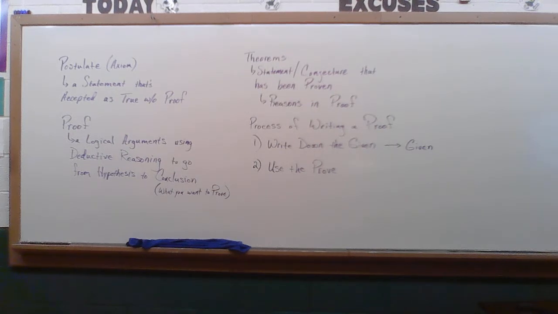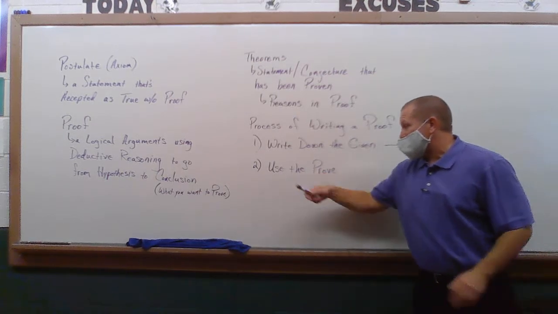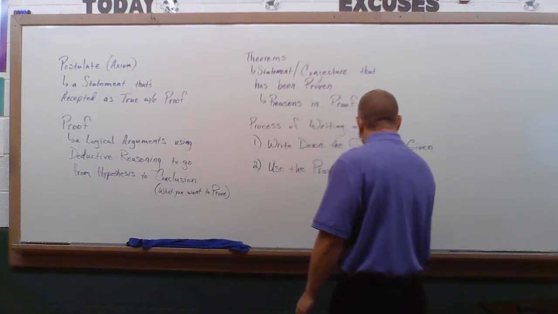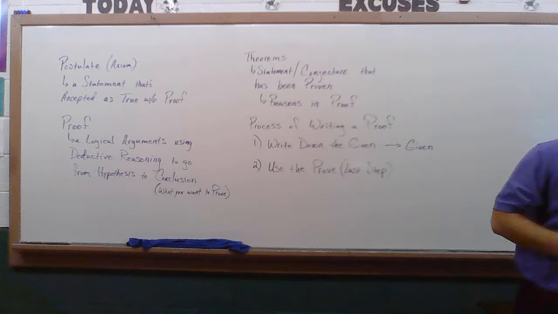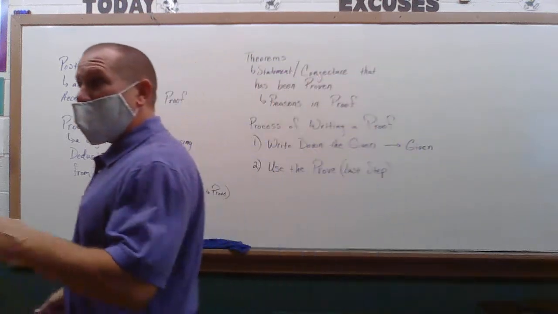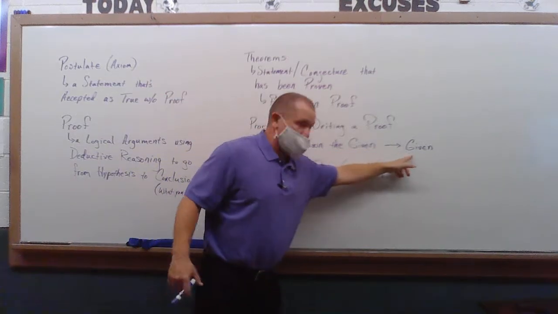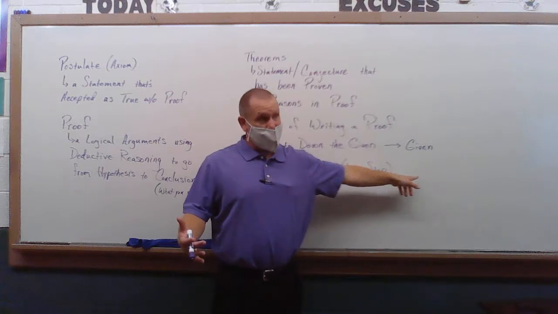Now here's the thing. The first one you can always say given. The last one, this is really your last step. But you cannot say prove for your last step. You have to come up with a reason why. So you have to use a theorem or a postulate or a definition. So that's kind of the confusing part. You can use given for the first step, but you have to come up with a reason why for the last step. Make sense?